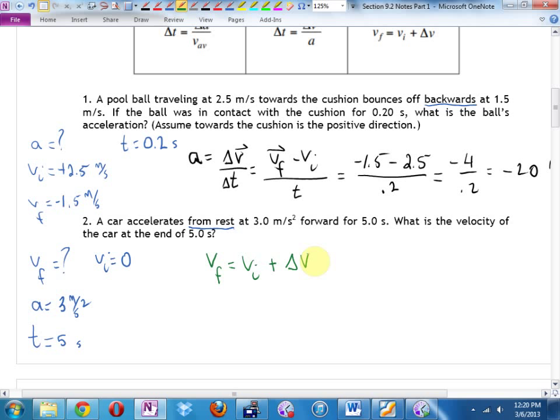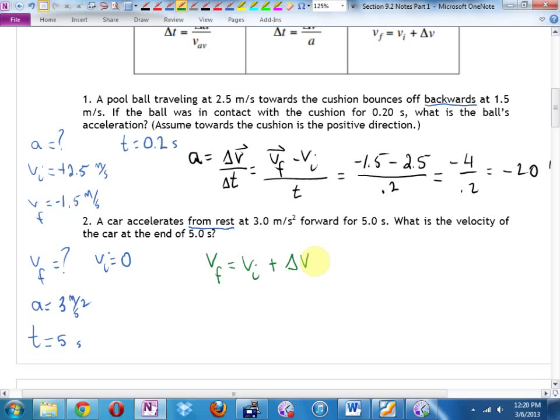What's changing? Now that would work great if I knew the final, but since I don't know the final, that won't help me. Look on your formula sheet. Is there another way that we can write delta V? Is there an equation that has a delta V all by itself?